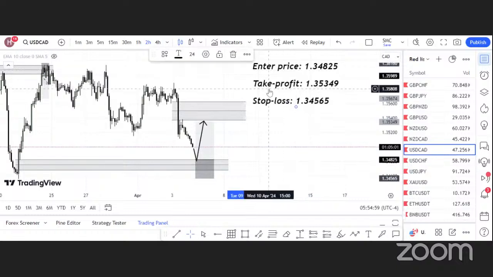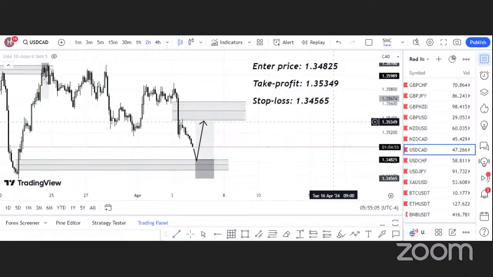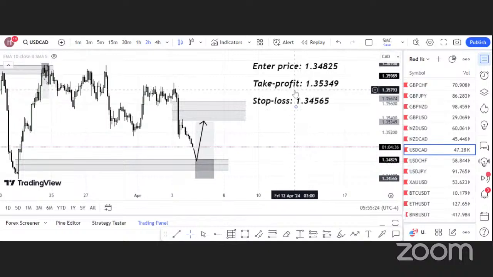So for SL, which is the first one, enter this. This is the stop loss. Okay. SL means stop loss. So set your stop loss 1.34565. And then for TP, enter the take profit.